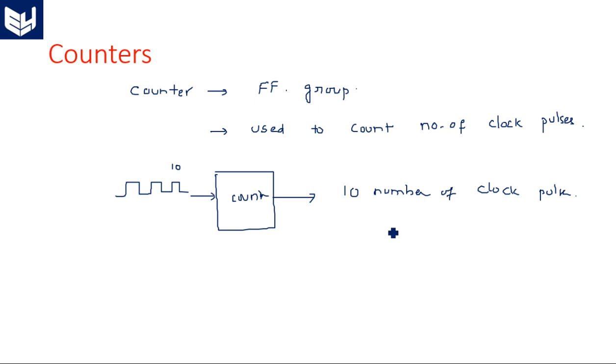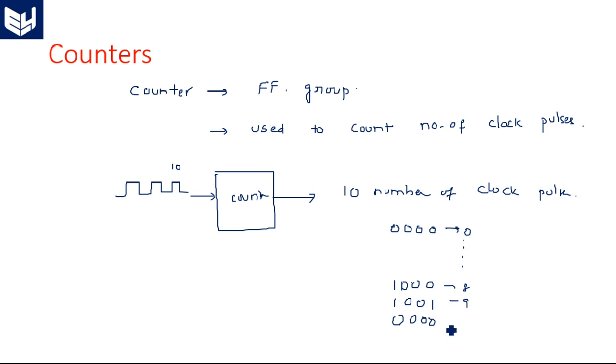Suppose it is a counter which is used to count 10 clock pulses. Then it starts from 4 zeros, 0 0 0 0, then 0 0 0 1, 0 0 1 0, and so on, 0 1 0 0 0, after that 1 0 0 1, next it repeats 0 0 0 0. This is 0, 1, 2, 3 and so on, up to 8, 9.